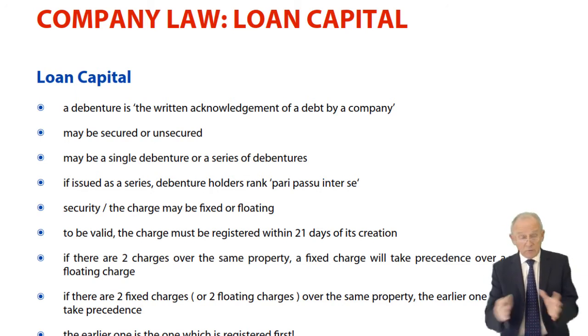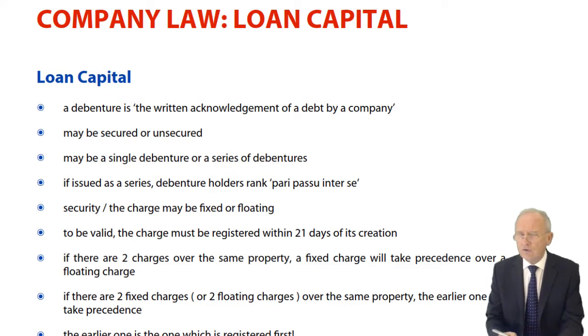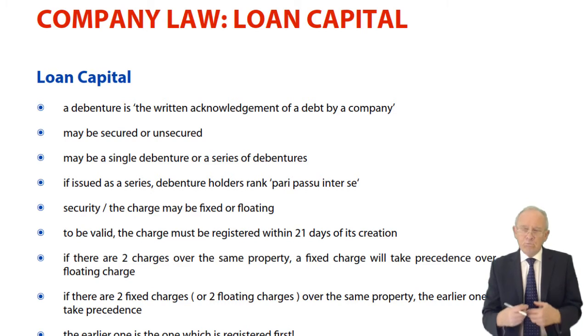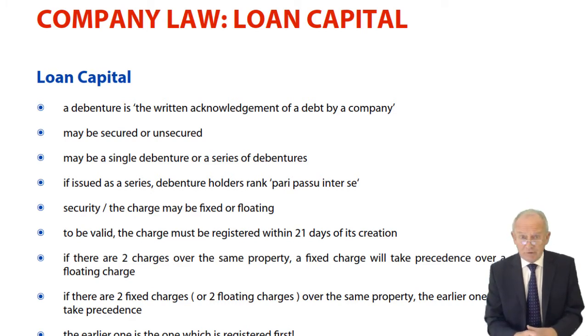This will be advertised in newspapers and possibly even multimedia. People will say, that's a good idea, because the coupon rate, the interest rate that they're offering, sounds quite attractive. So people will send in their multiples of £100 and will be issued a loan note.